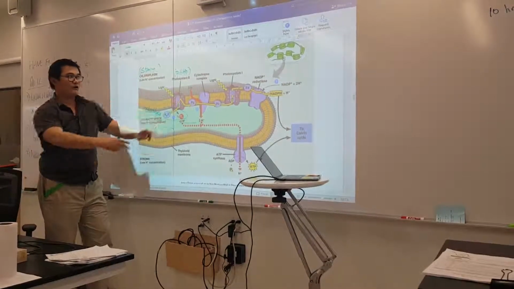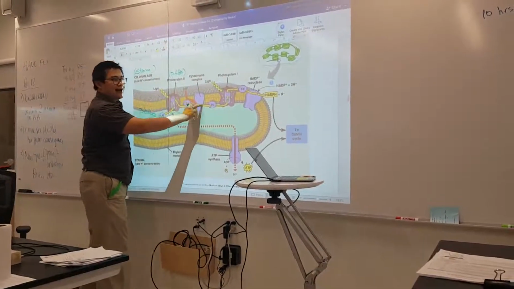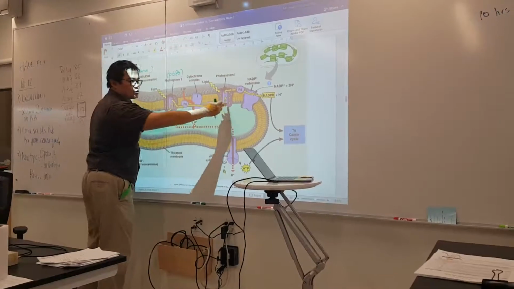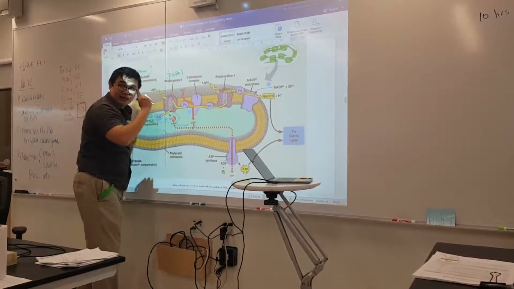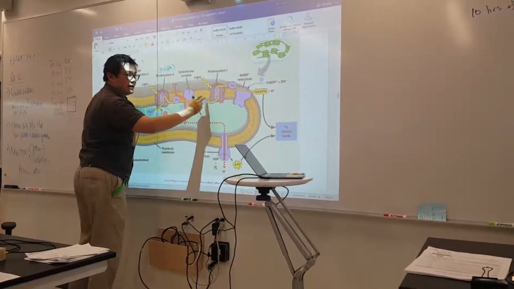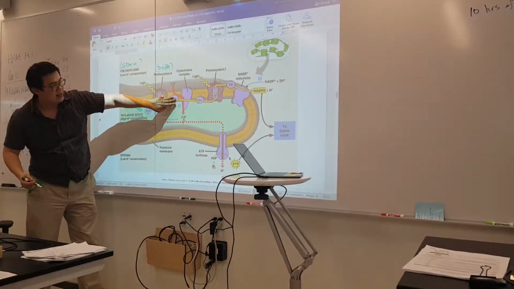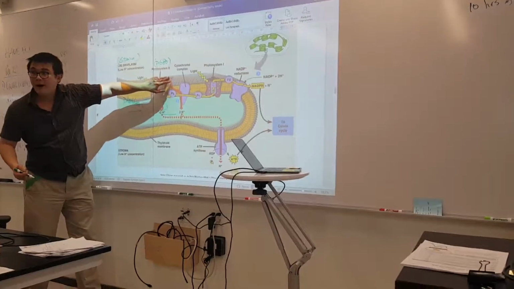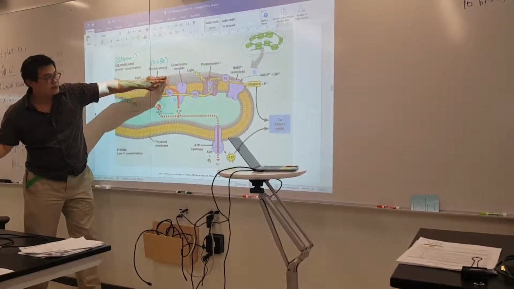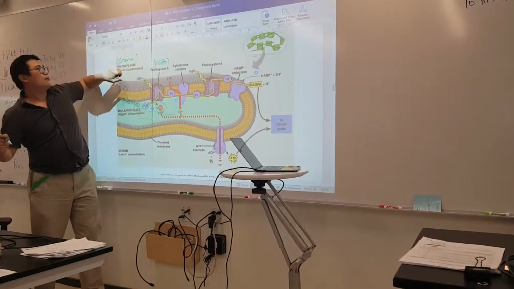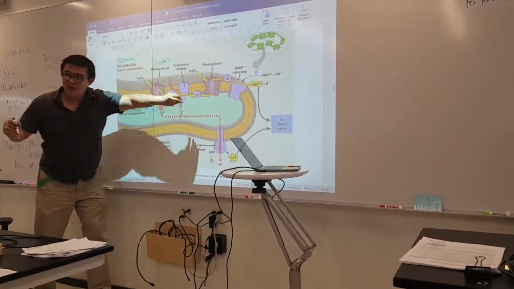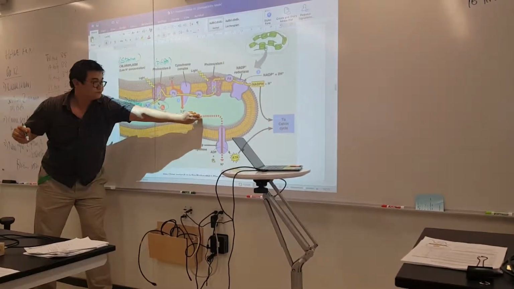So these electrons, high energy electrons, get passed down this electron transport chain. So this is like mitochondria. This is also an electron transport chain. Now when they pass these electrons down, they will pump the protons from the stroma or the chloroplast into the thylakoid space.